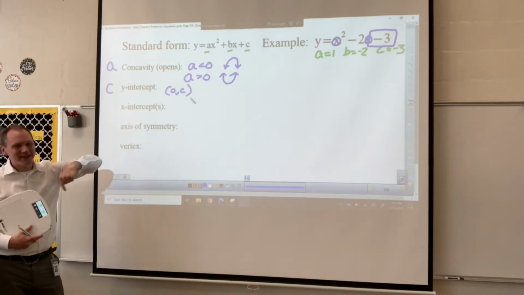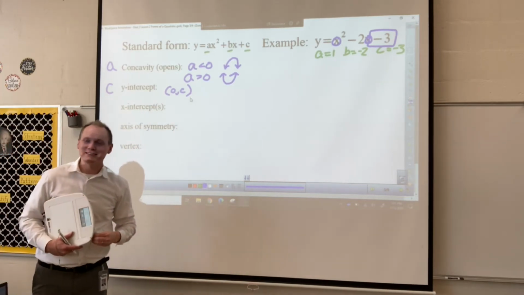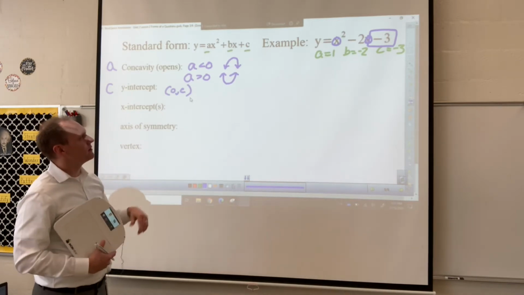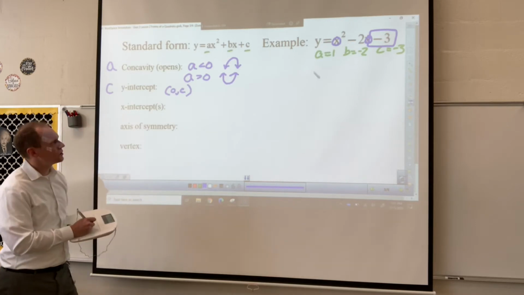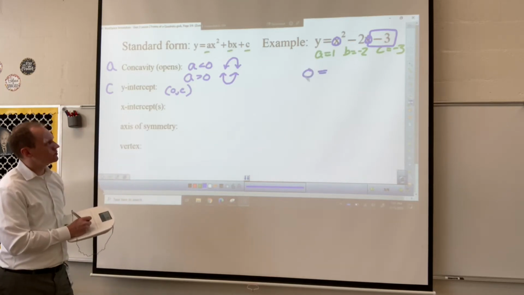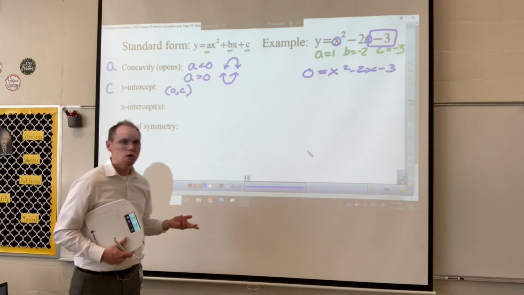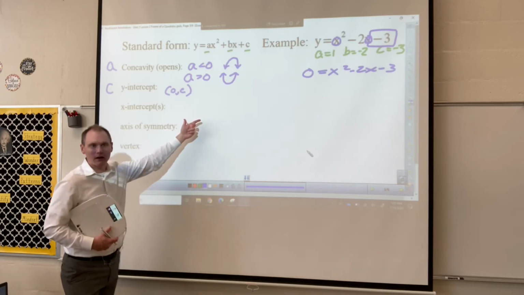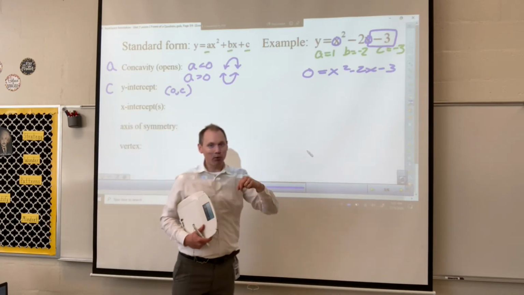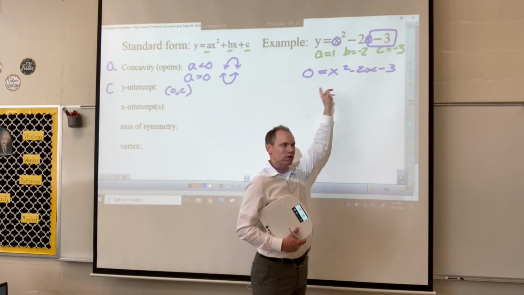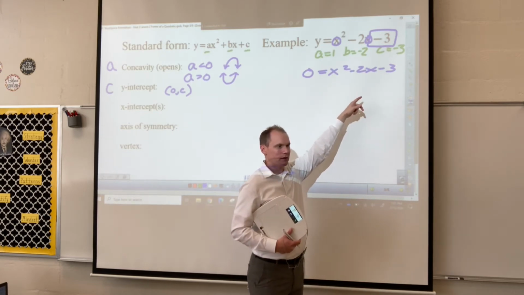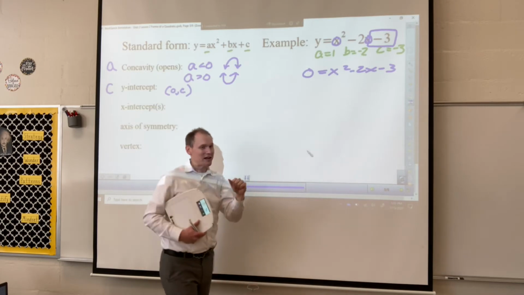All right, x-intercepts. X-intercepts is the x value when y is 0. So if we were to set this equal to 0, so put 0 in for y, and solve for x, we can figure out what the x-intercepts are. But at this point in time, in Integrated Math 2, we don't really have the capability of doing that. Okay? But some foreshadowing here.